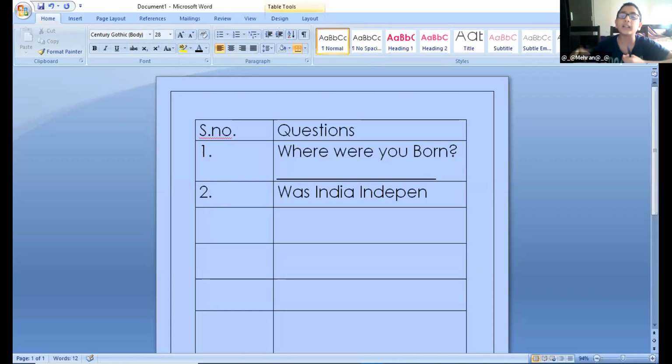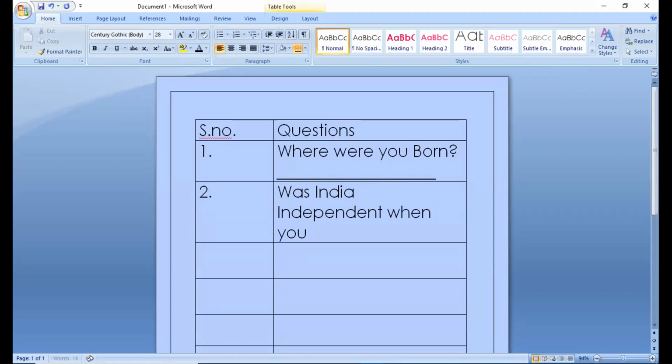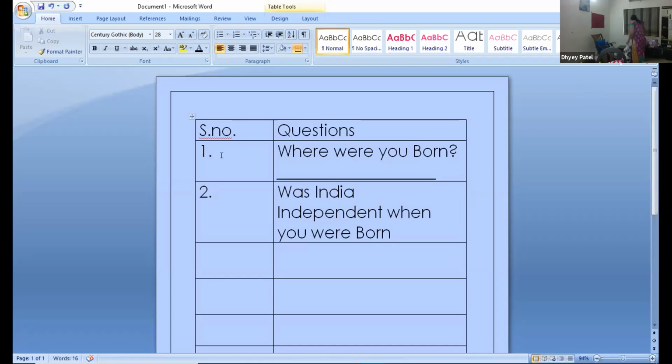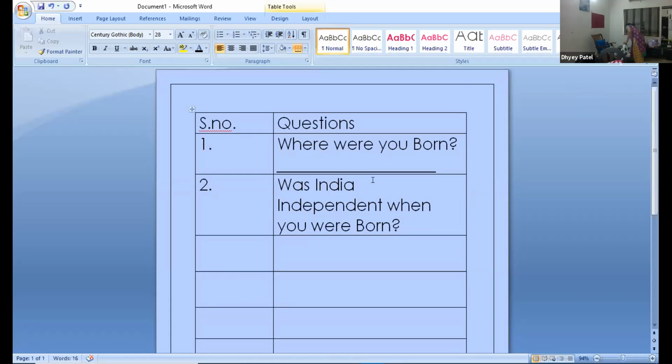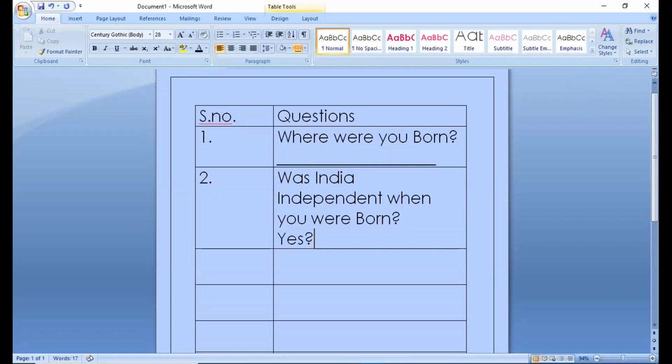We have to complete the questionnaire. Questionnaire, yeah. See, already they started writing.